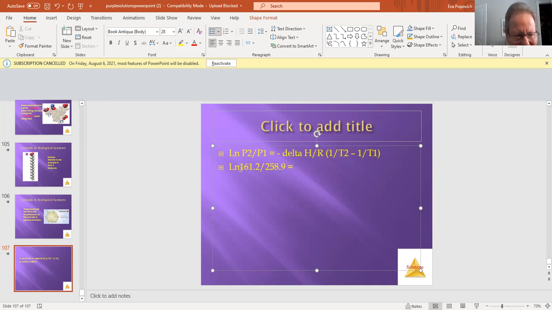That's equal to negative delta H times 1 divided by 277.5 minus 1 divided by 50.14, divided by R. We good so far? Yes. One slight exception: divided by R.